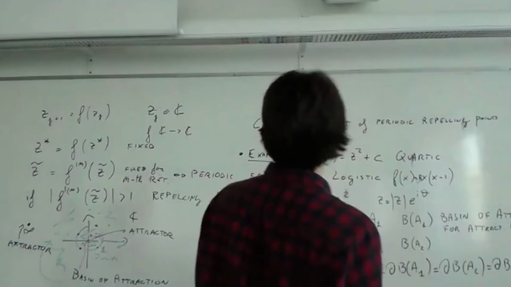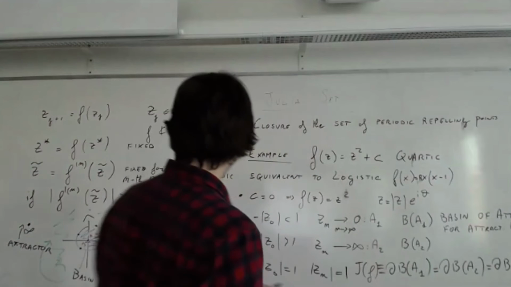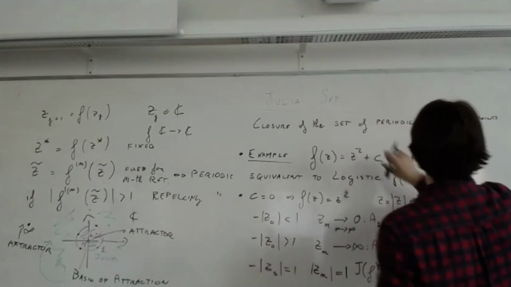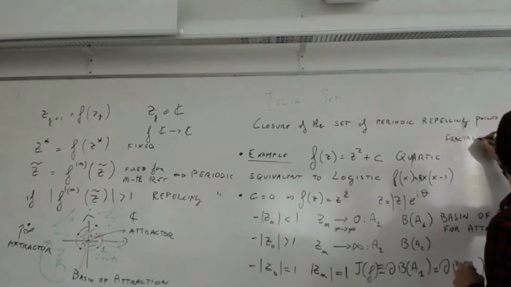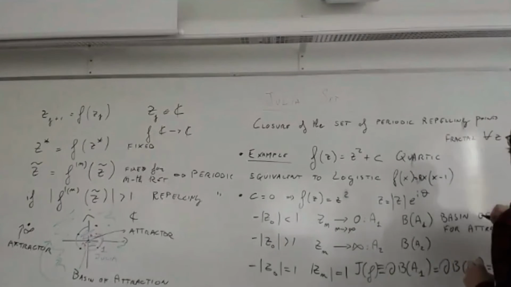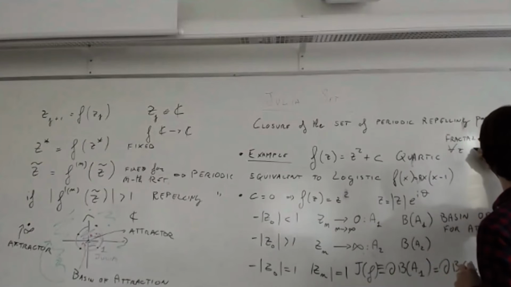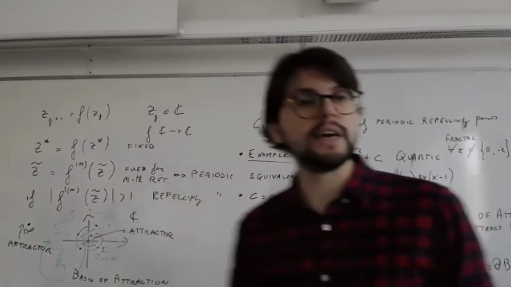It's kind of an interesting point. So the Julia set is fractal for every C that is different than 0 and -2. That's kind of curious, but that's how it is.